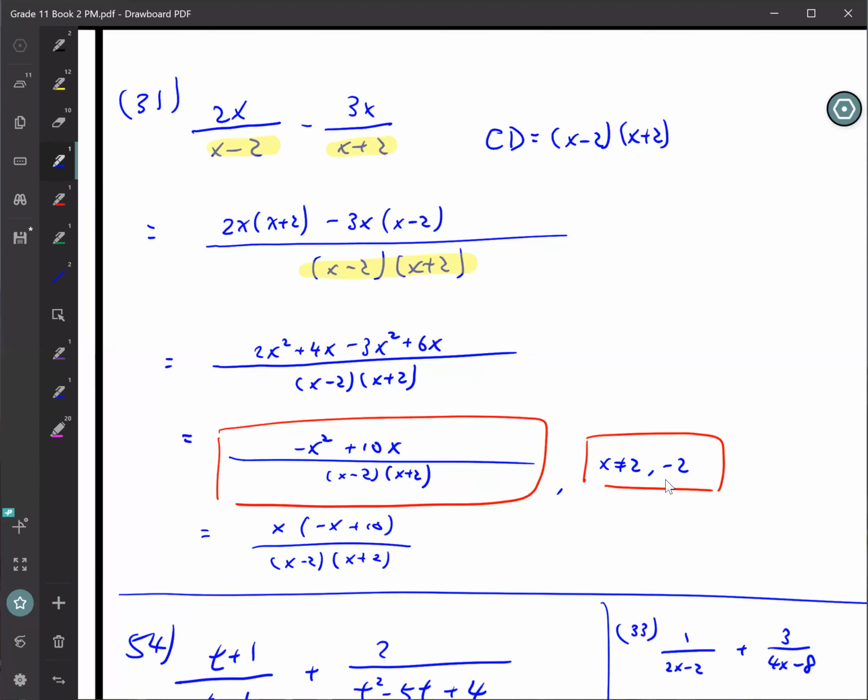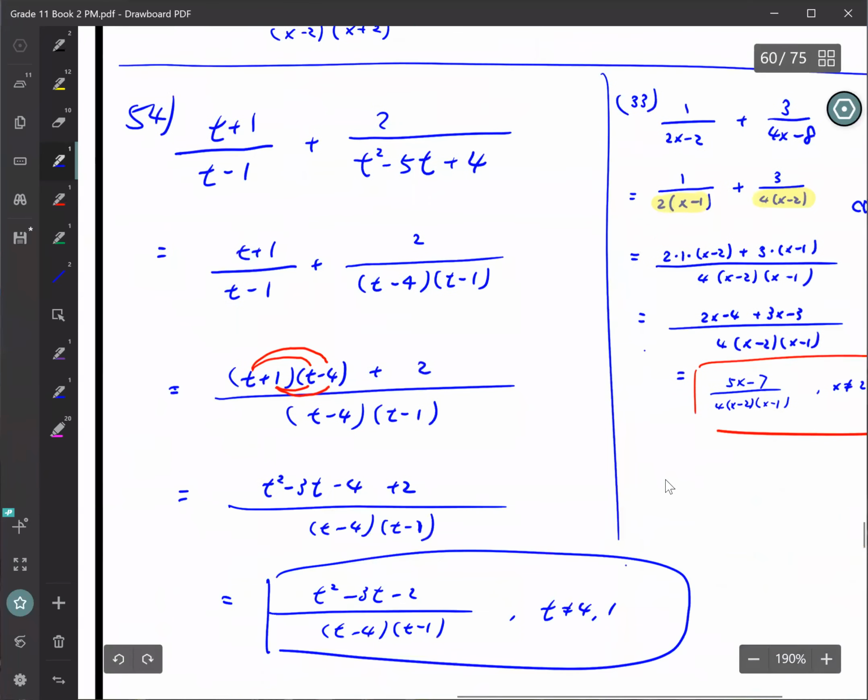You know where we got them from? From the red box area and from all the steps too. Where exactly? Denominator. Yes, you only look at the denominator. Restriction is the denominator.